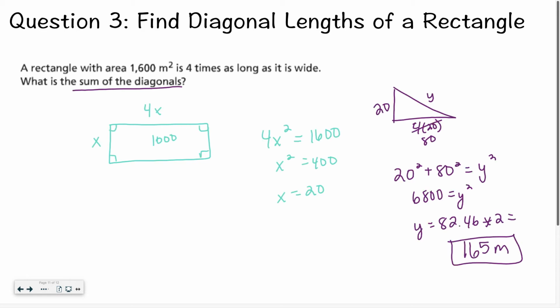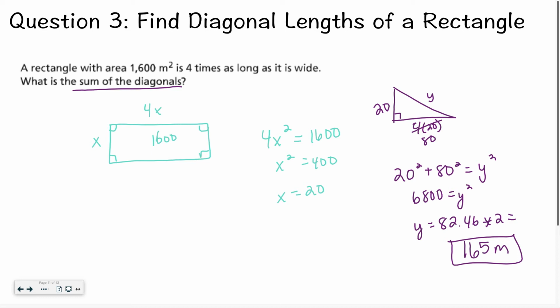All right, for this example, hopefully you ended up at 165 meters. Quick explanation of that. If you draw the rectangle, you should have had something that looked like this. And then if you solved for x, you should have gotten 20. Then if you drew in a diagonal, you would have a right triangle with a side length of 20. And then if I do 4 times 20, I get 80.